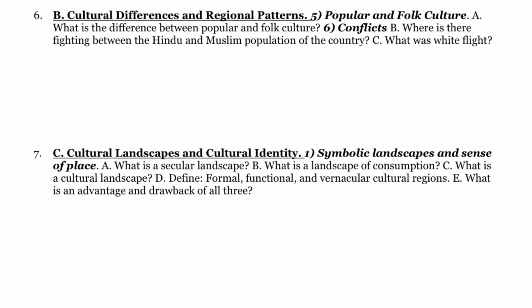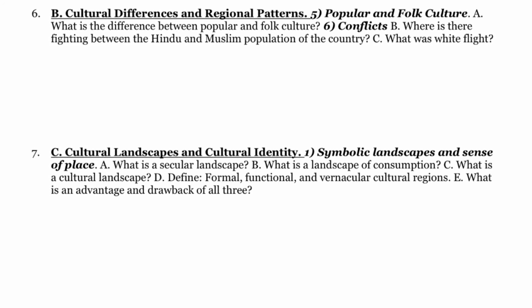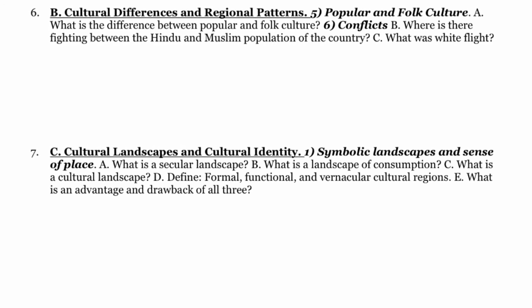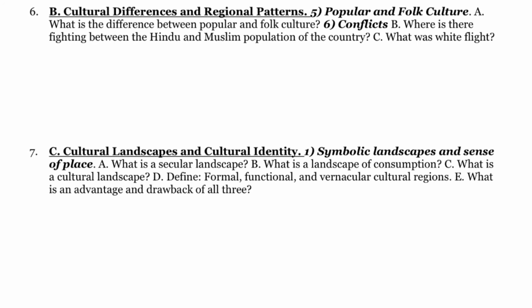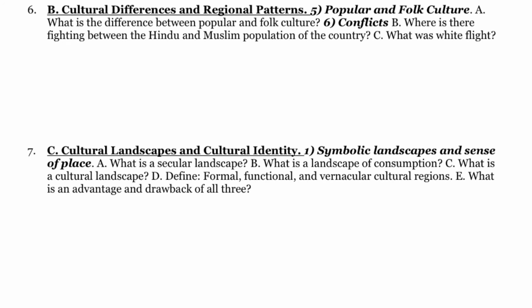Letter D, define formal, functional, and vernacular cultural regions. A formal cultural region is a geographical area defined by homogeneous cultural traits, which are shared traits. Remember, a formal region is one that has shared characteristics, such as languages, dialects, religious beliefs, maybe ethnic identities, or political affiliations.